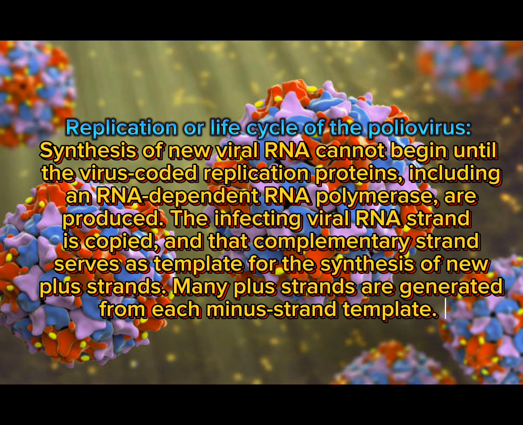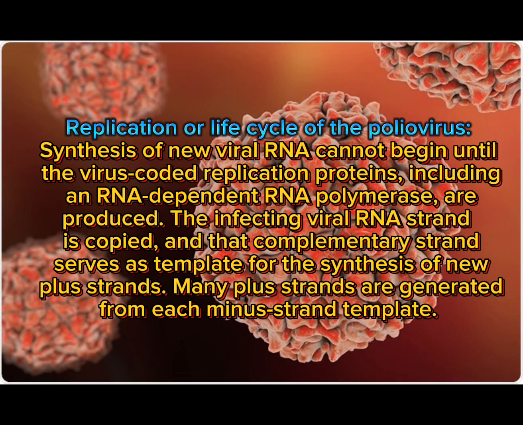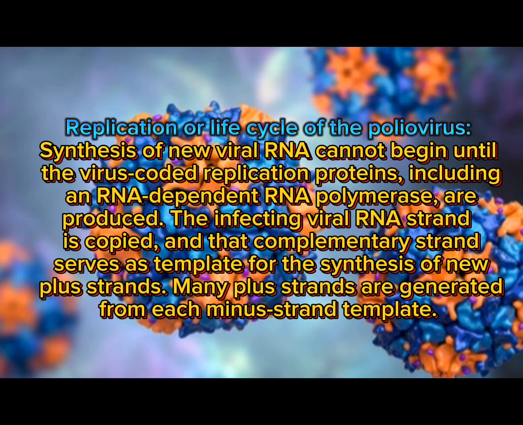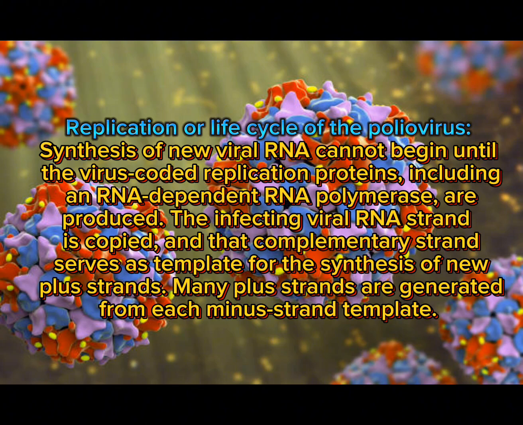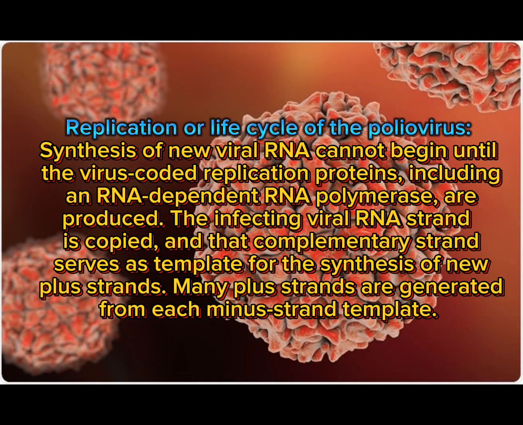Synthesis of new viral RNA cannot begin until the virus-coded replication proteins, including an RNA-dependent RNA polymerase, are produced. The infecting viral RNA strand is copied, and that complementary strand serves as template for the synthesis of new plus strands. Many plus strands are generated from each minus strand template.